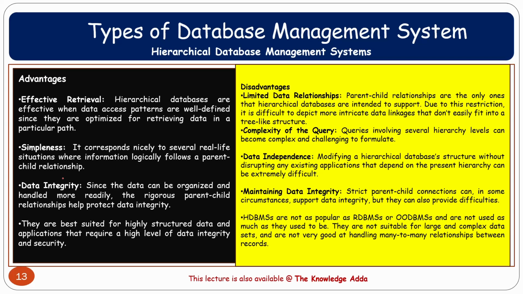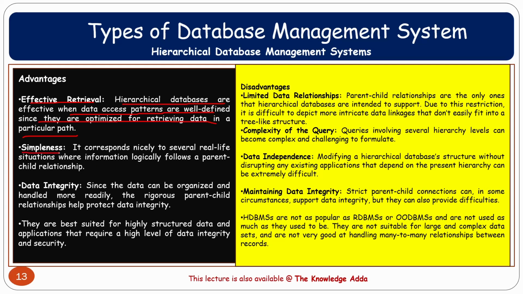Now when we're talking about advantages and disadvantages, there is effective retrieval, because hierarchical database management systems are effective when data access patterns are well defined, since they are optimized for retrieving data in a particular path. So data access can be very easy if the data access patterns are well defined, because in this case they have to follow a particular path.